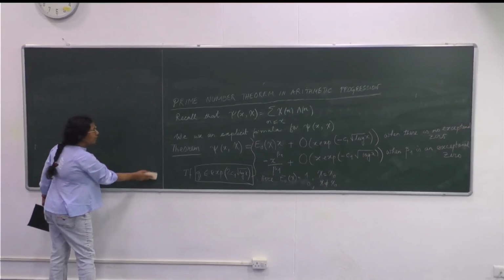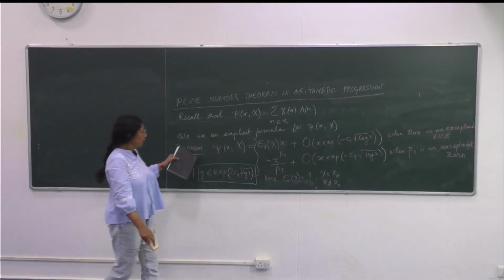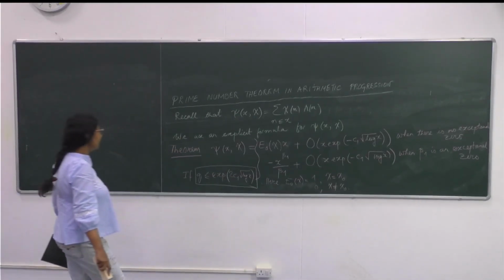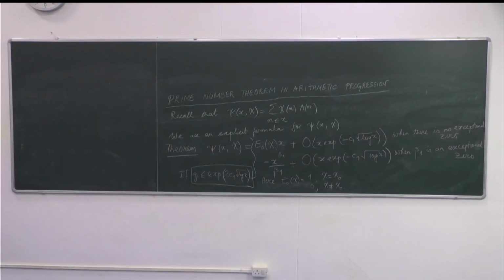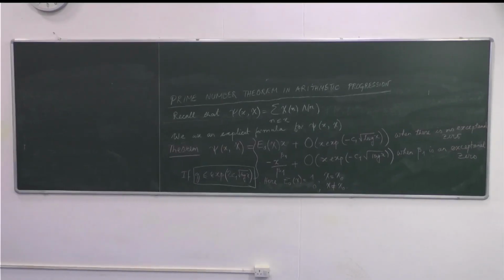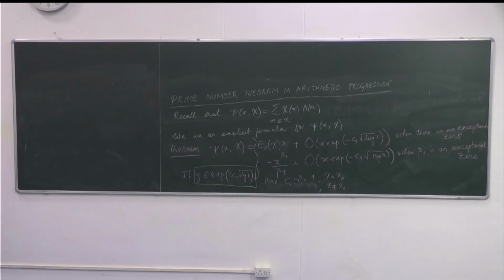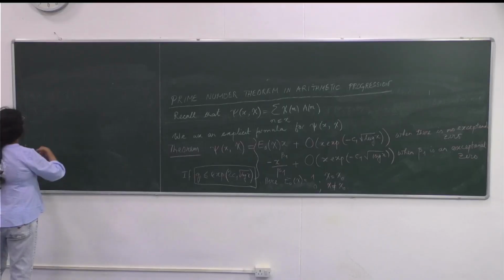If we have an explicit formula for psi x chi, from here we can get the form with psi x q a, from which getting the prime number theorem is a trivial affair. So let us concentrate on this. The proof.